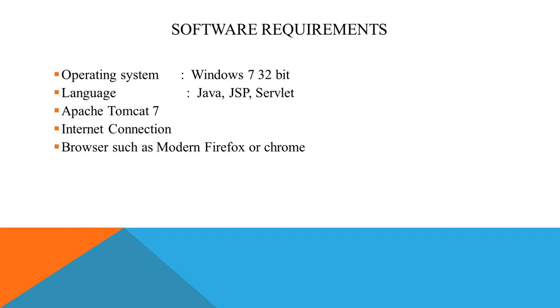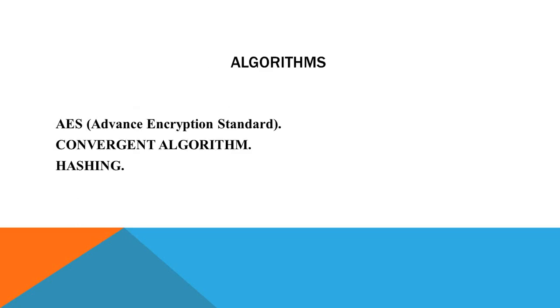Languages: Java, JSP, Servlets, and Apache Tomcat server I have used. We need an internet connection for this, and browsers such as modern Firefox or Chrome. Algorithms we used: AES, Advanced Encryption Standard, convergent algorithm, and hashing.